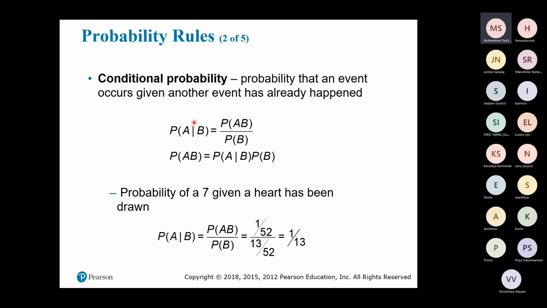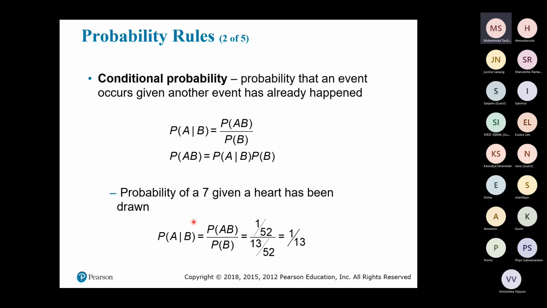You just put a straight line divider between the events. When you write it like this, it means you want to calculate the probability of a 7 being pulled after you pull a heart.